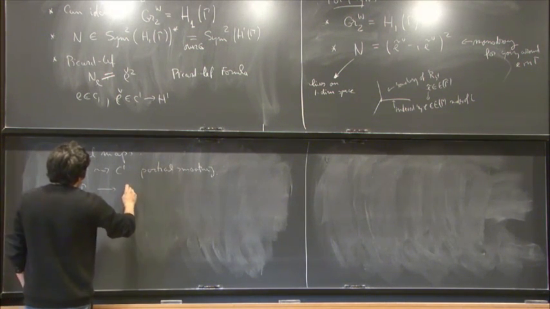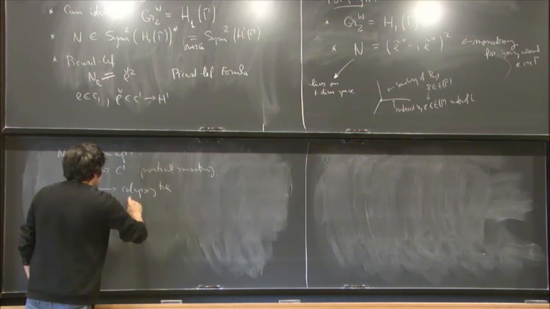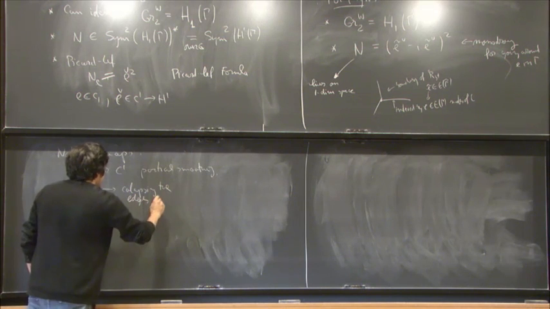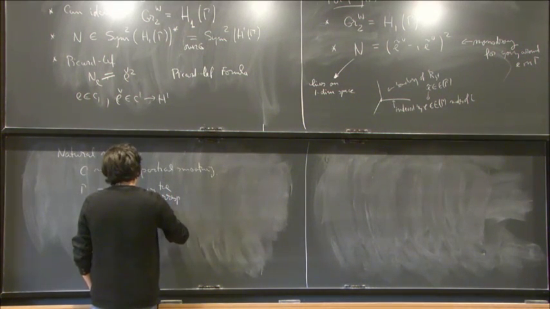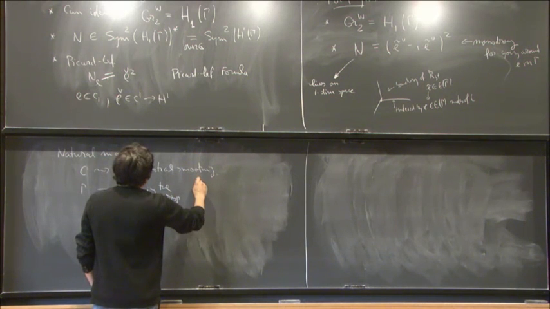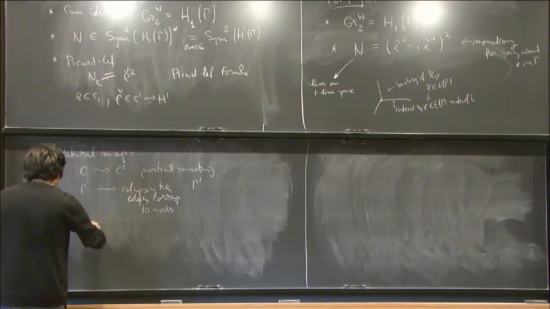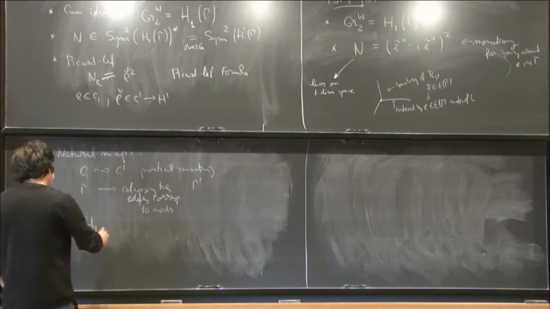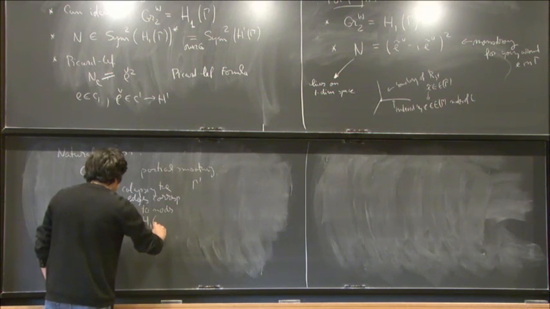Then you are simply collapsing the edges corresponding to the smooth node. And then you get a new dual graph here. And it turns out that you have natural maps. H1 gamma, I think, goes in this direction.